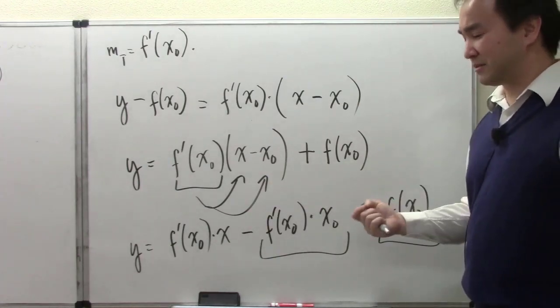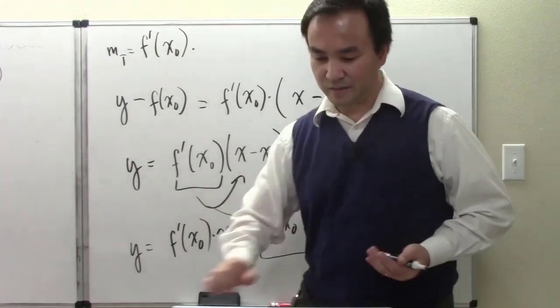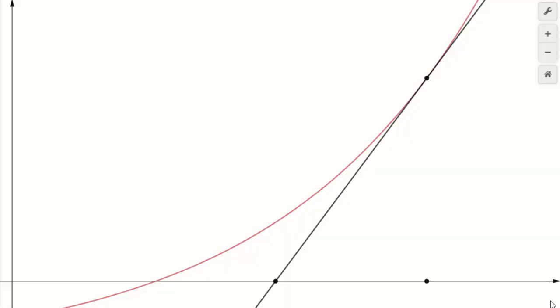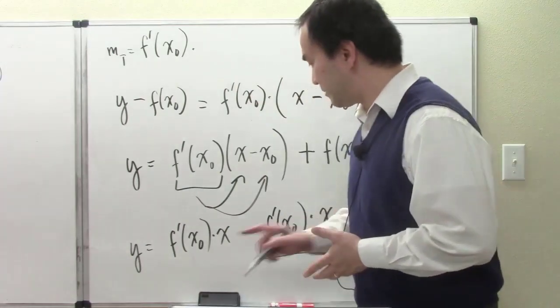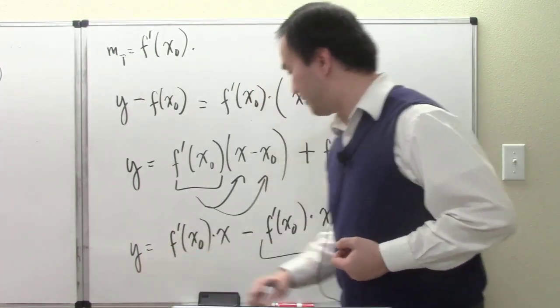Now this tangent line, on the picture, the equation I just had on the board, needs to hit y equals 0, because that's where it crosses the x-axis. So I'm going to set this y value equal to 0.